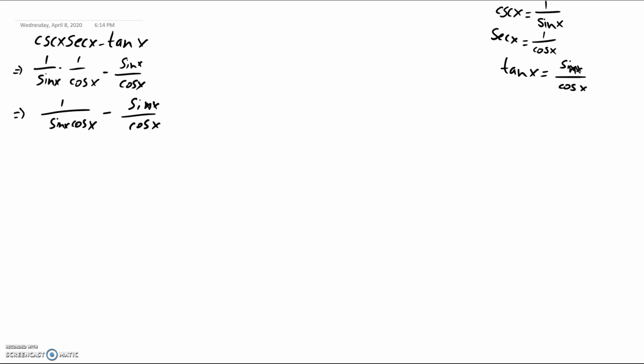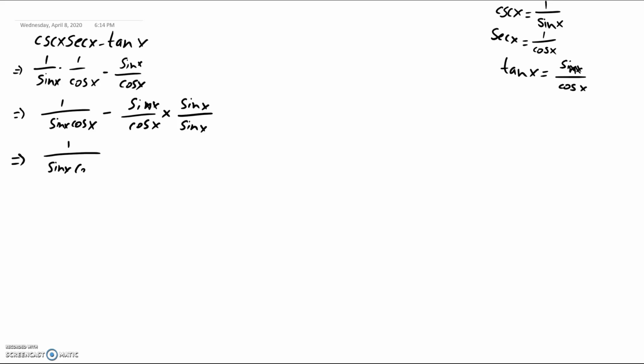Now we have two fractions, and whenever we are going to simplify two fractions, you have to make same denominators. To make same denominators, I'm going to multiply this expression with sine x and you will also divide with this one.